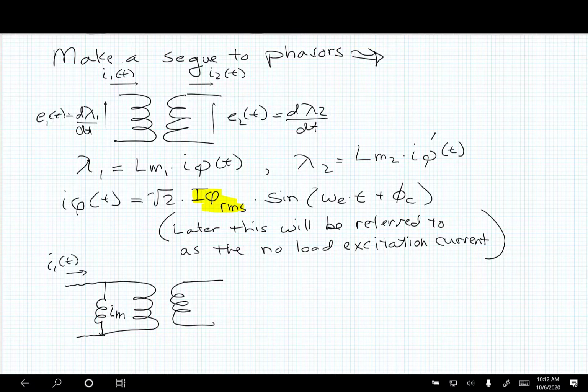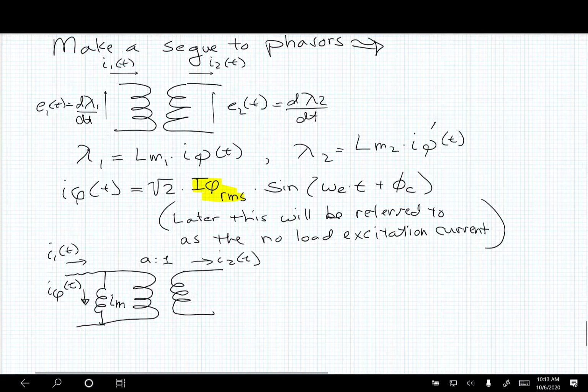I've got a current, I1 of t, coming in here. This current down here is the excitation current. And we know that we've got a current on the secondary that we call I2 of t right here. And we have this turns ratio A to 1 on either side of the transformer.